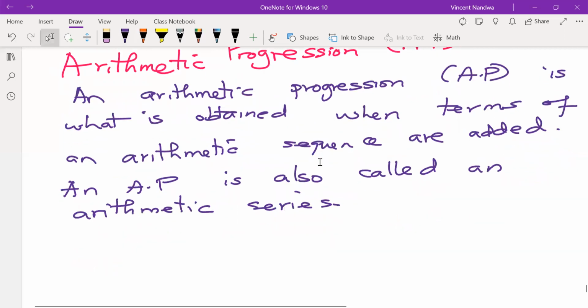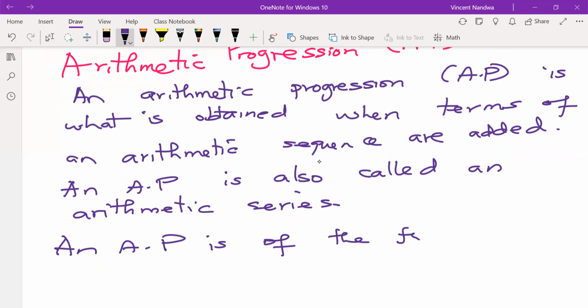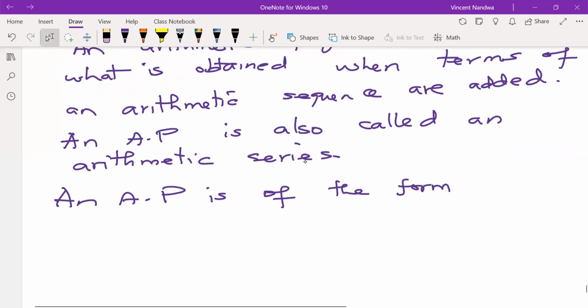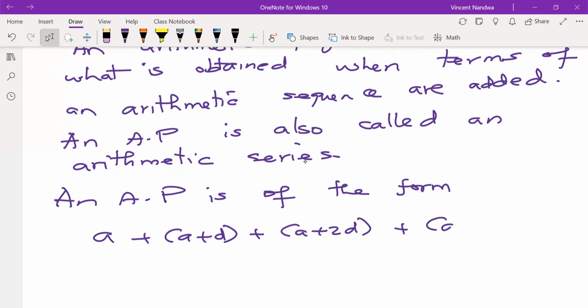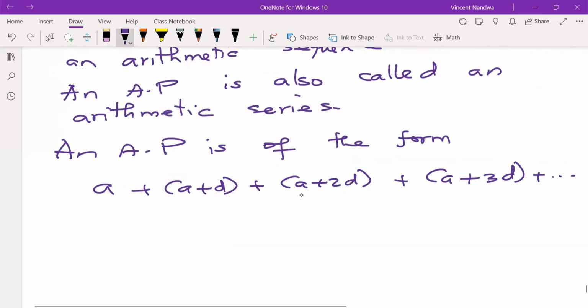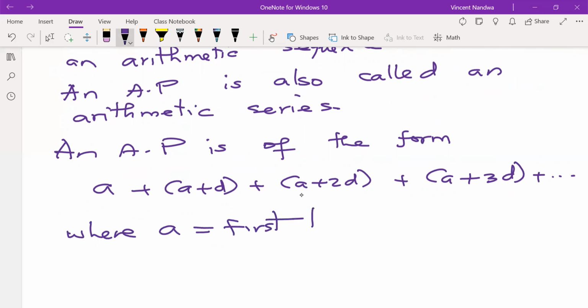So this implies that an arithmetic progression is of the form A plus A plus D plus A plus 2D plus A plus 3D plus other several terms, where A is the first term and D is the common difference.